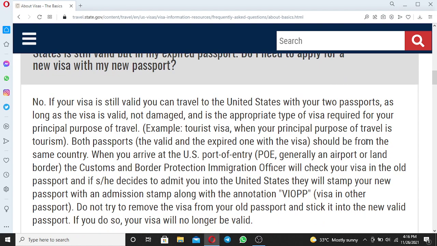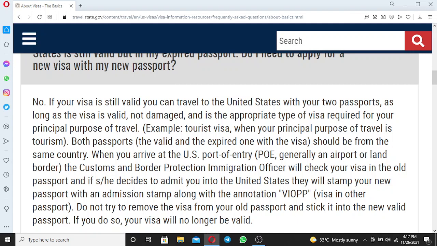At the US port of entry, the Customs and Border Protection Immigration Officer will check your visa in the old passport, and if he or she decides to admit you to the United States, they will stamp your new passport with an admission stamp along with the annotation VOPP, meaning visa in other passport.